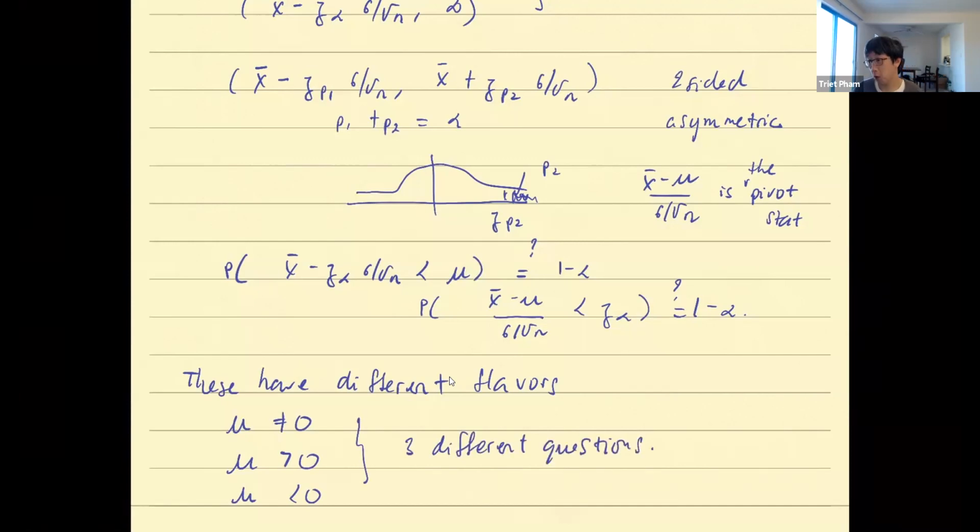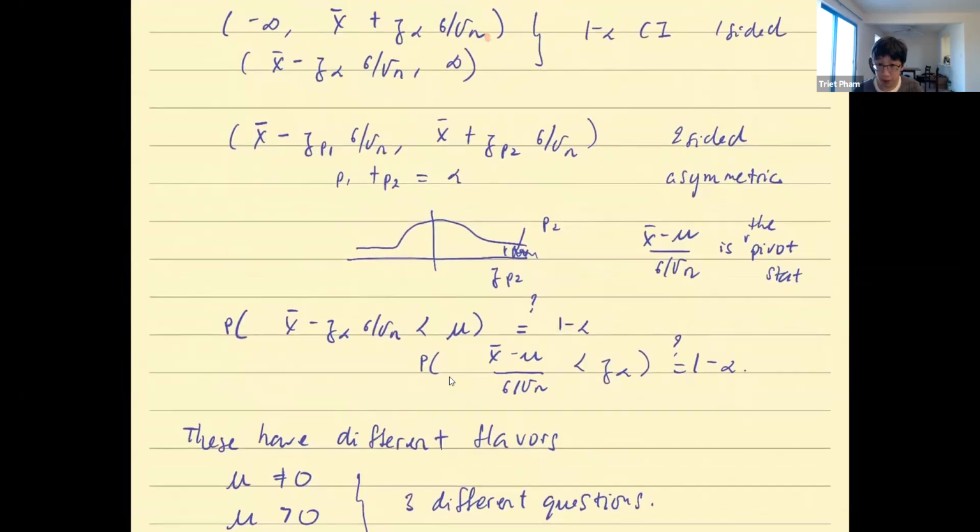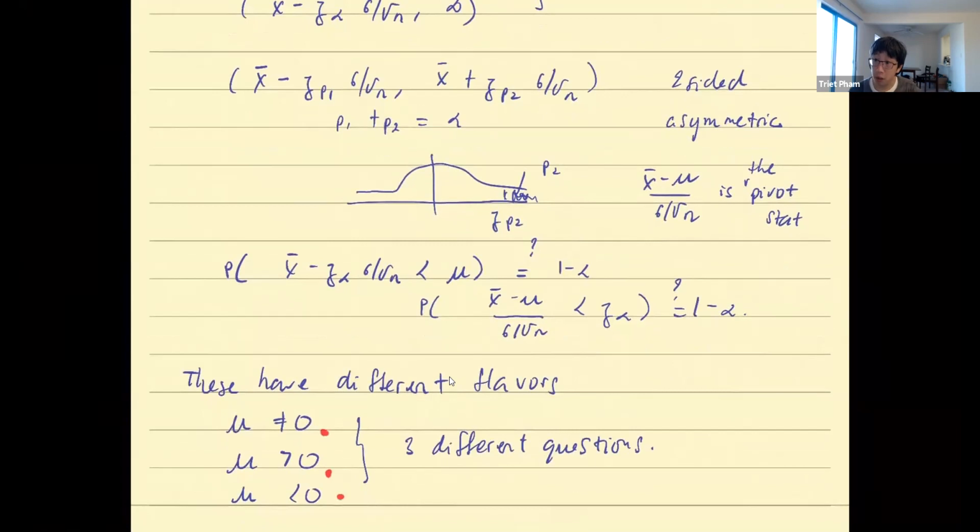They're all related. They're all asking about the true mean, but they ask different kinds of question. And by the way, this is hypothesis testing; we'll get there later. Right now, I just want to demonstrate that these are different questions. Now, you may have taken statistics courses that show you that you can use confidence intervals to answer hypothesis questions.